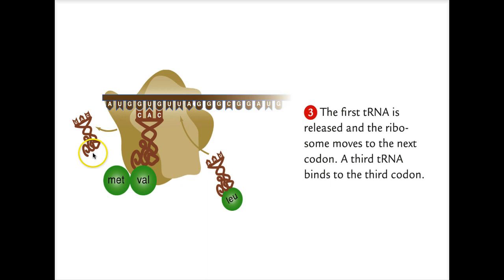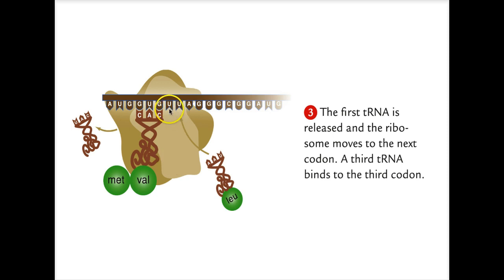Notice it's leaving without its MET, because the MET has been bound to the second amino acid VAL. So this site right here on the ribosome used to be over here, but now the ribosome has moved down. So now the site that was filled with the second tRNA with its valine is now empty.